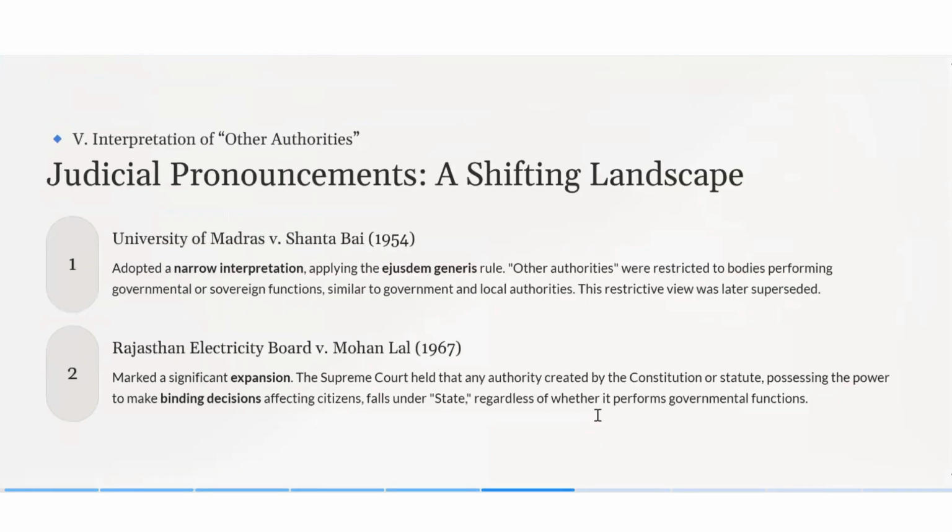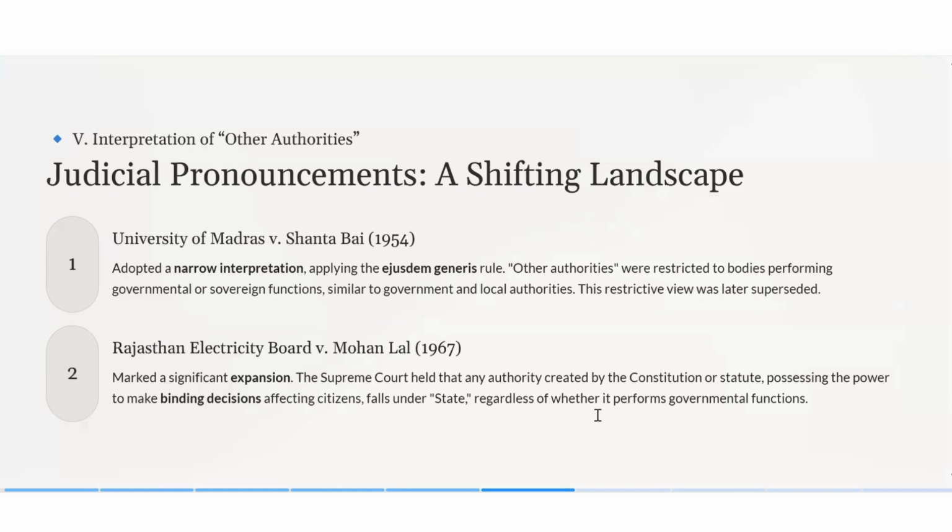Interpretation of other authorities, judicial pronouncements, a shifting landscape. University of Madras versus Shantabai, that case comes from 1954, adopted a narrow interpretation applying the ejusdem generis rule. Other authorities were restricted to bodies performing governmental or sovereign functions similar to government and local authorities. This restrictive view was later superseded.